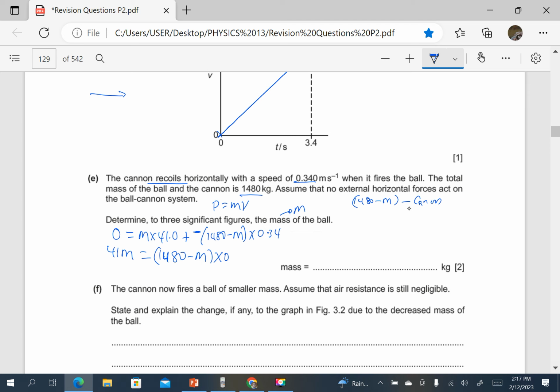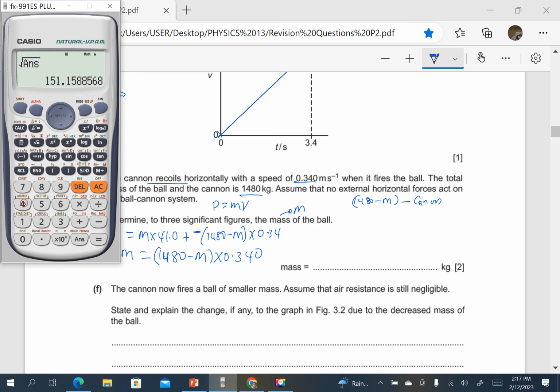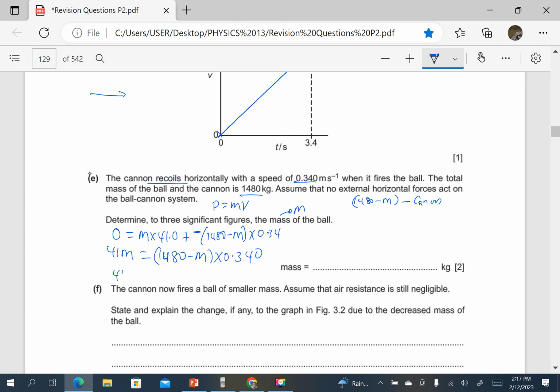Open the bracket and collect like terms. When I open the bracket, on the left hand side, I'm going to have 41 plus 0.34, and that is 41.34 m.